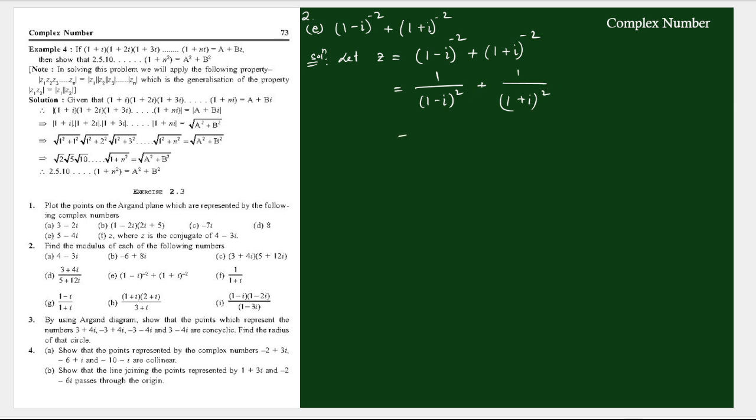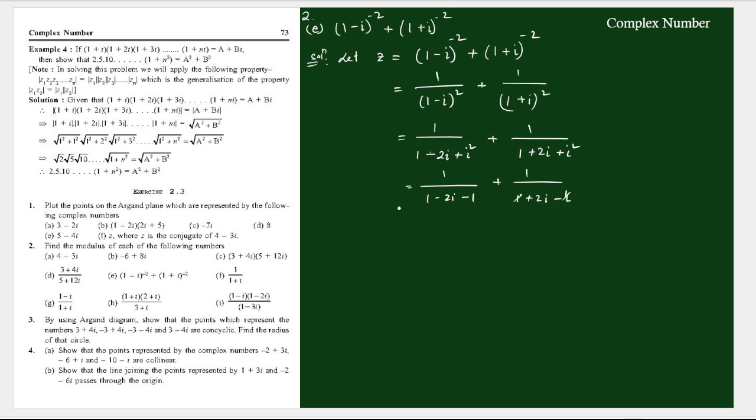Then now a plus b whole square formula: 1 square minus 2i plus i square, 1 square plus 2i plus i square. 1 minus 2i, this becomes minus 2i; 1 plus 2i, this becomes plus 2i.